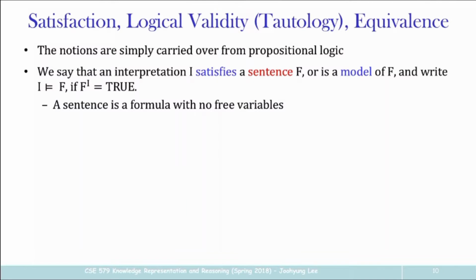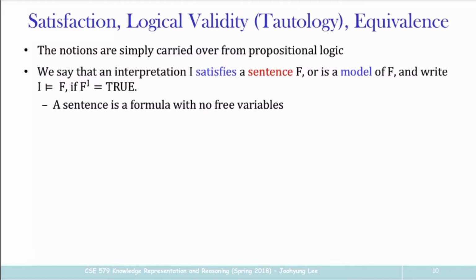The notions of satisfiability, tautology and equivalence are exactly the same once you understand the truth value of the formula according to the previous slide. We say that I satisfies a sentence F, because we don't want to talk about formulas with free variables, so those are called sentences.